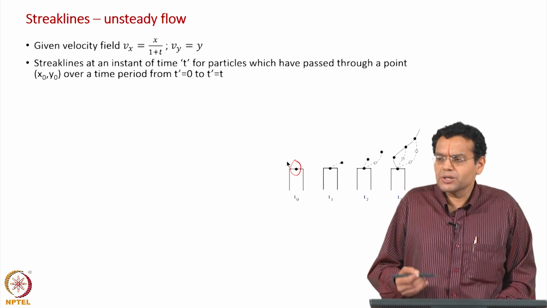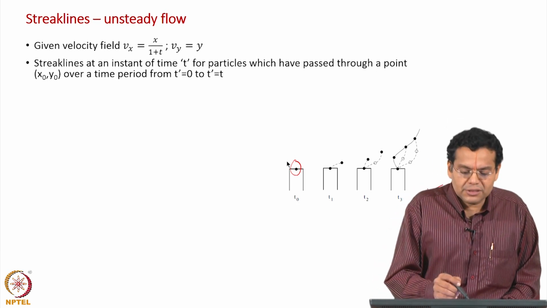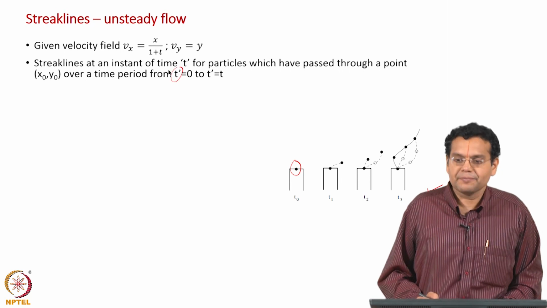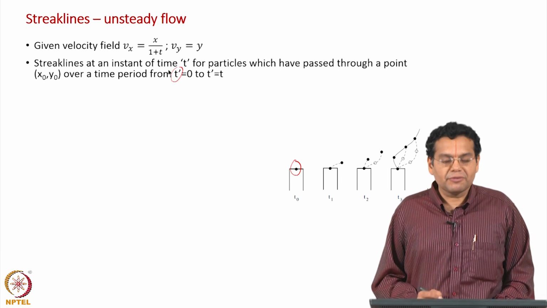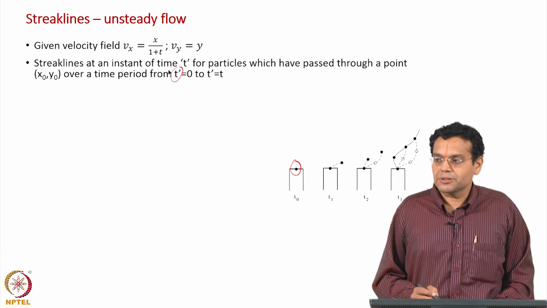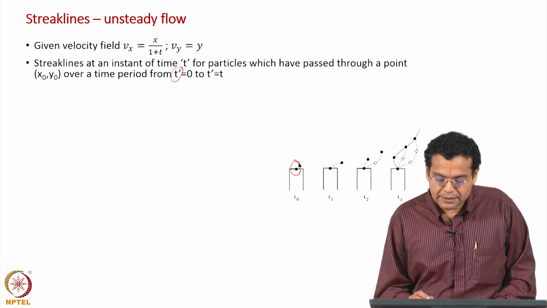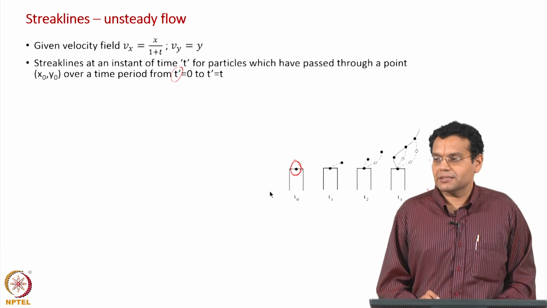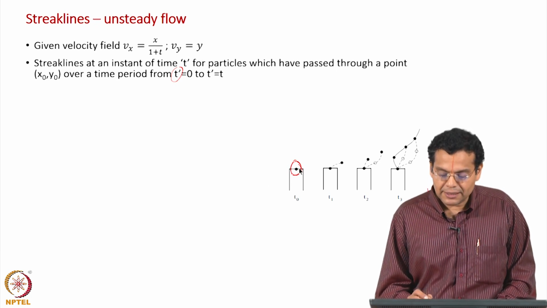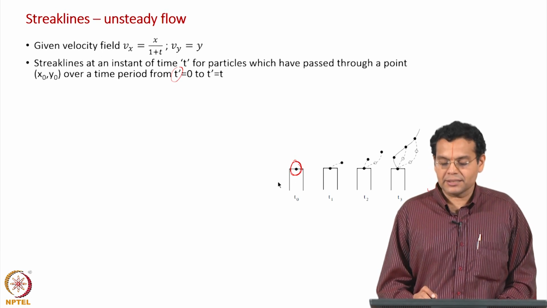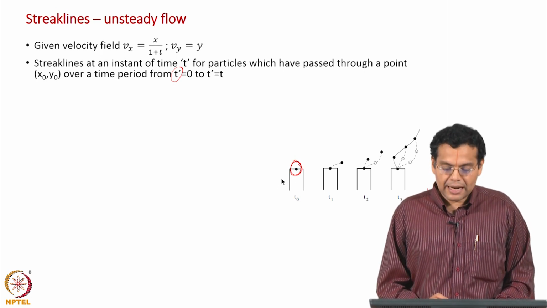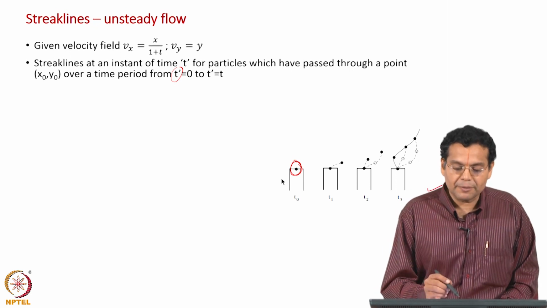Because I need to introduce one more time, I used the nomenclature t dash. What is the meaning of t dash? T dash tells you the time at which a particle enters or is at the point of interest, or enters the domain. In this particular case, the time at which a particle is at this location is t dash for us, and that t dash varies from 0 to t.